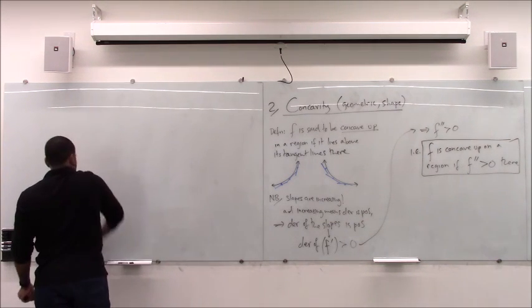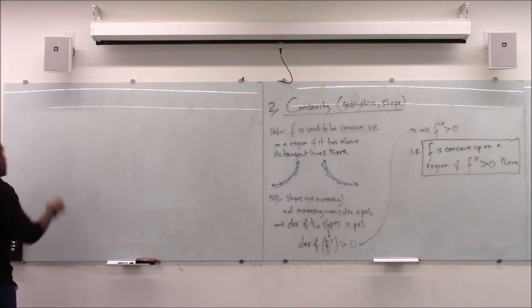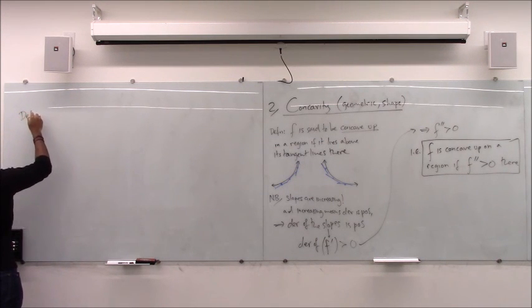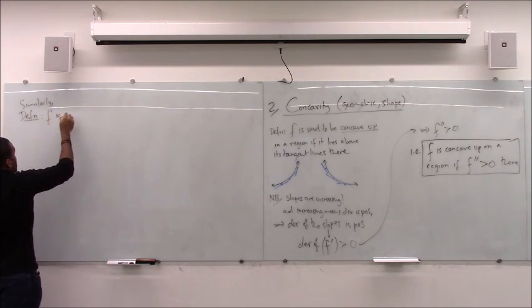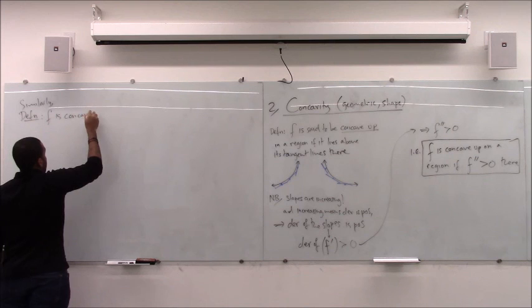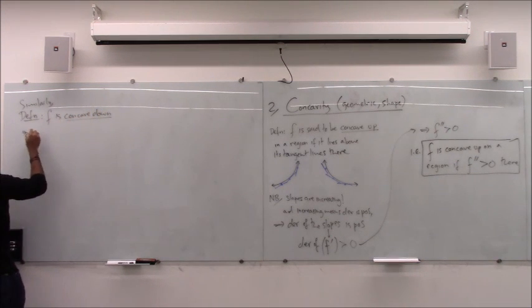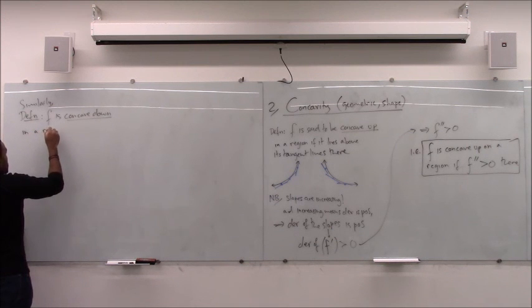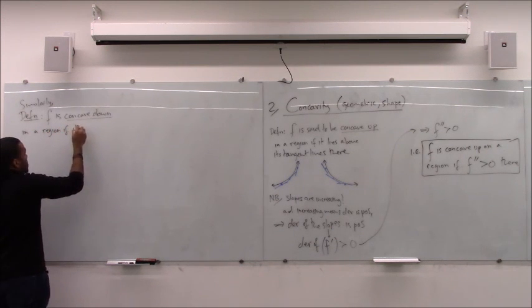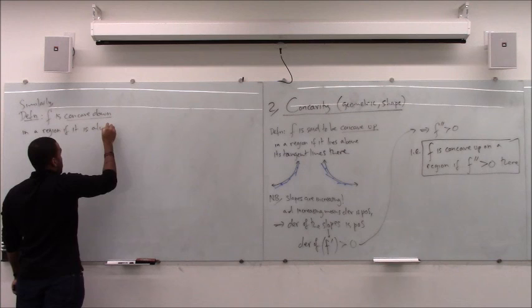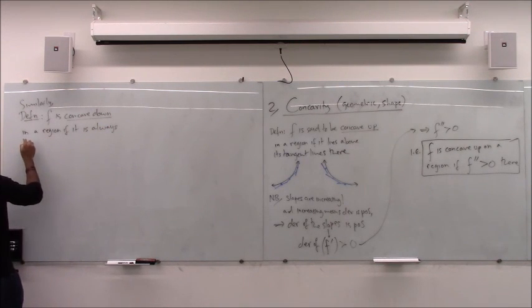And of course, if you have concave up, it would stand to reason that there is such a thing as concave down. There is. So similarly, f is concave down in a region if it is always below its tangent lines.